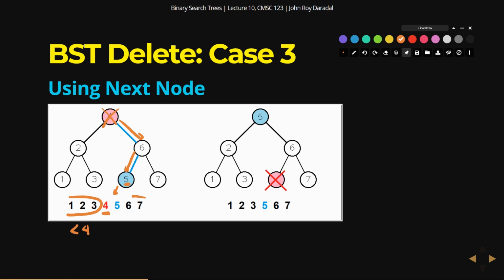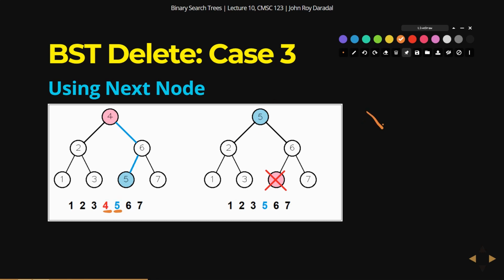And everything to the right is greater than 4. If you replace that with 5, that still makes sense, right? It's still less than 5 and greater than 5, because they are successive. So that is why the next node works.